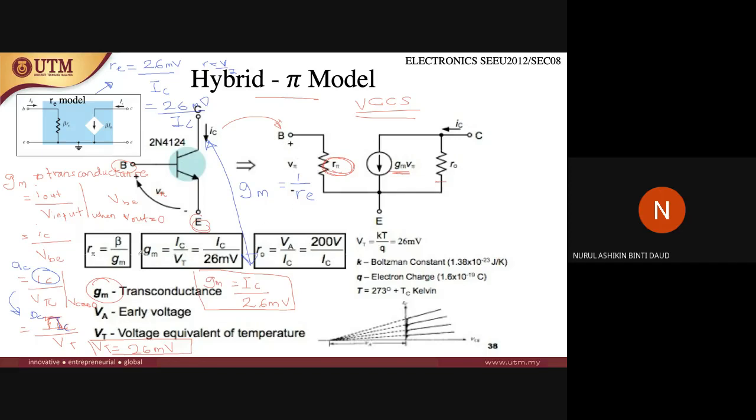And then, how do we get r pi from here? R pi in these cases is equal to beta over gm.